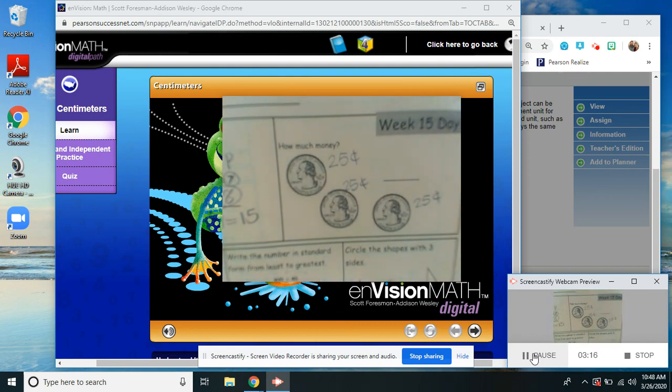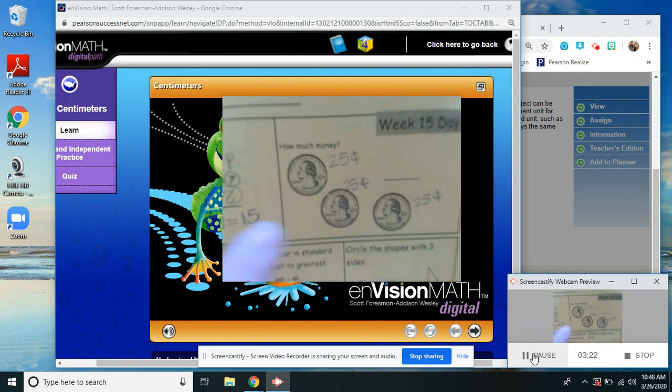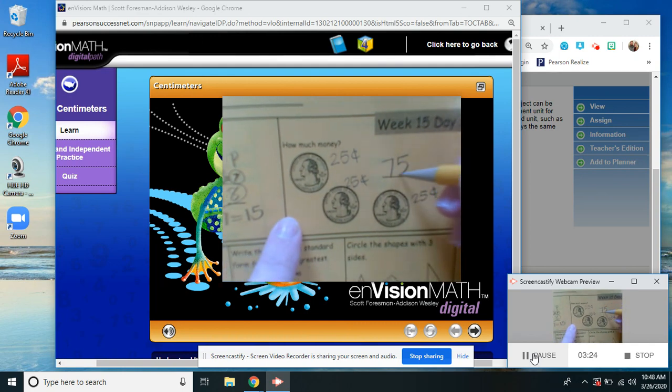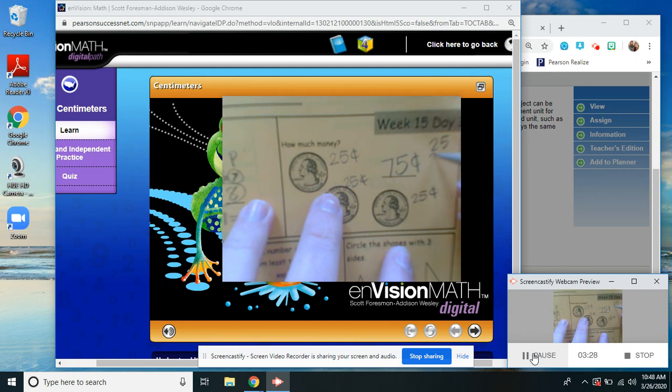If you know how to count up by 25s, you can say 25, 50, 75, and this will be your total. Or you could also stack them up. 5 plus 5 plus 5, or 5 times 3 is 15. Put down your 5, carry your 1. 2 plus 2 plus 2, or 2 times 3 is 6, plus 1 more is 7.